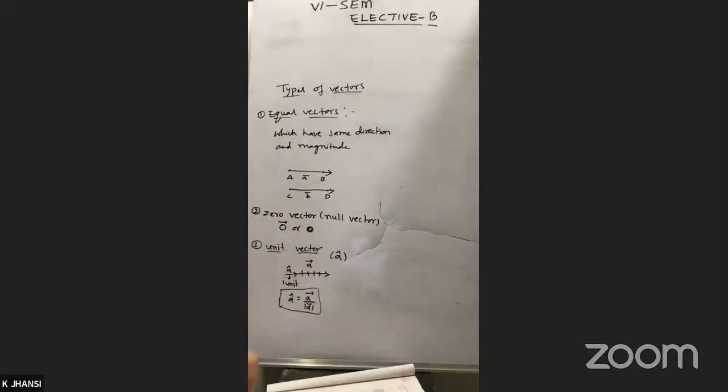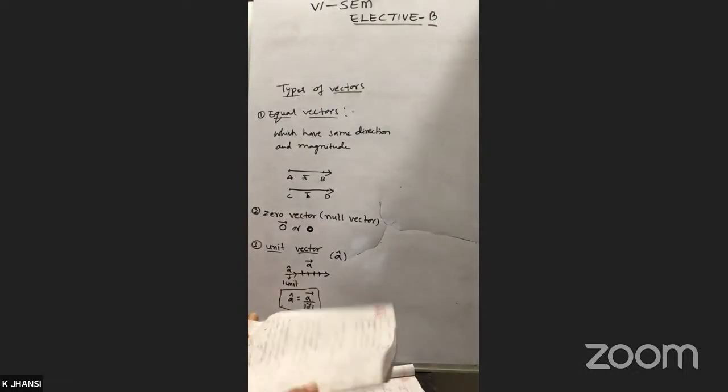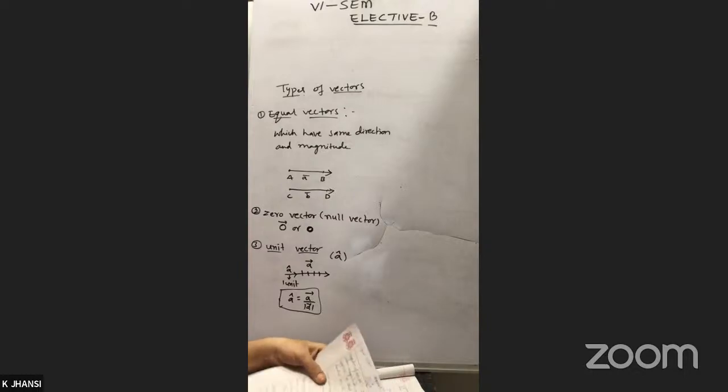Next, we go to another definition of vectors: the negative vector. The negative of a vector means, if A is a vector, a vector having the same magnitude as A but with the opposite direction. Such a vector is called the negative of a vector.